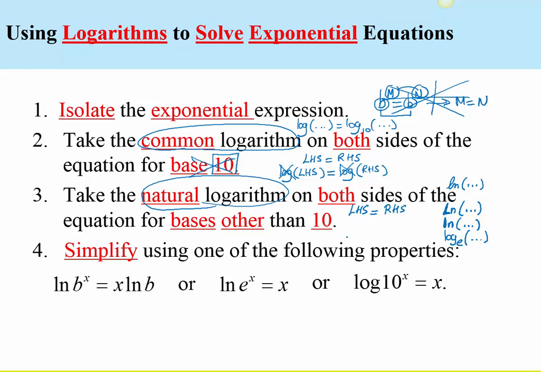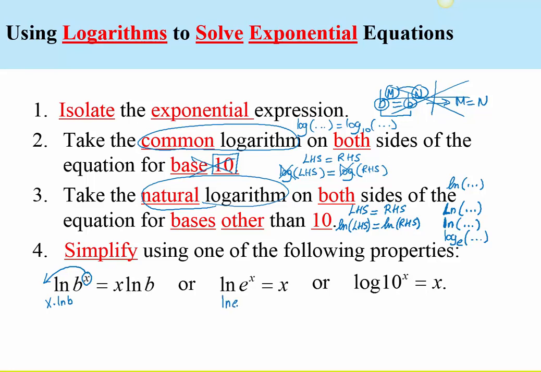Then we're going to take ln of the left hand side and say it's equal to ln of the right hand side and proceed. And then you can use one of those properties that we mentioned before where you make the power jump in front. So you'll have that ln of b to the x is x times ln of b.